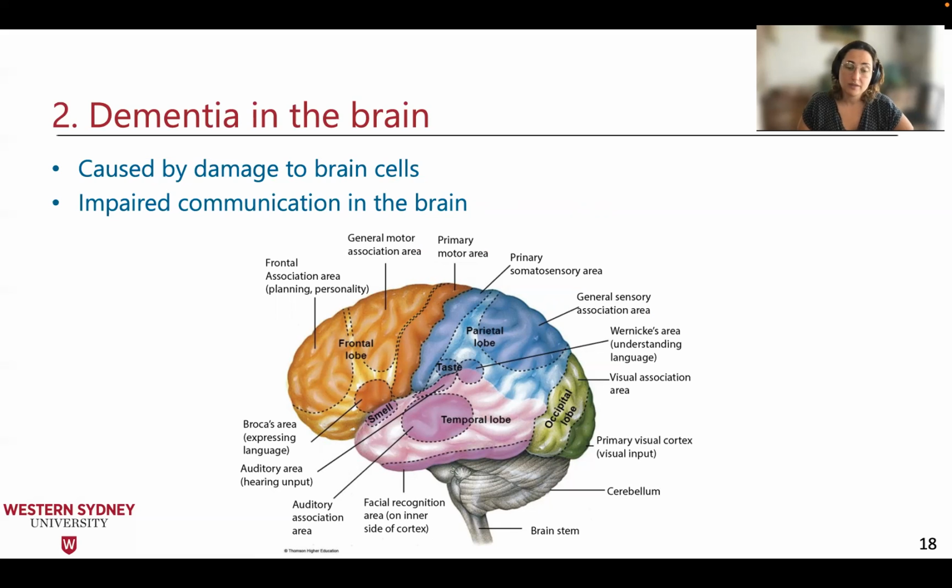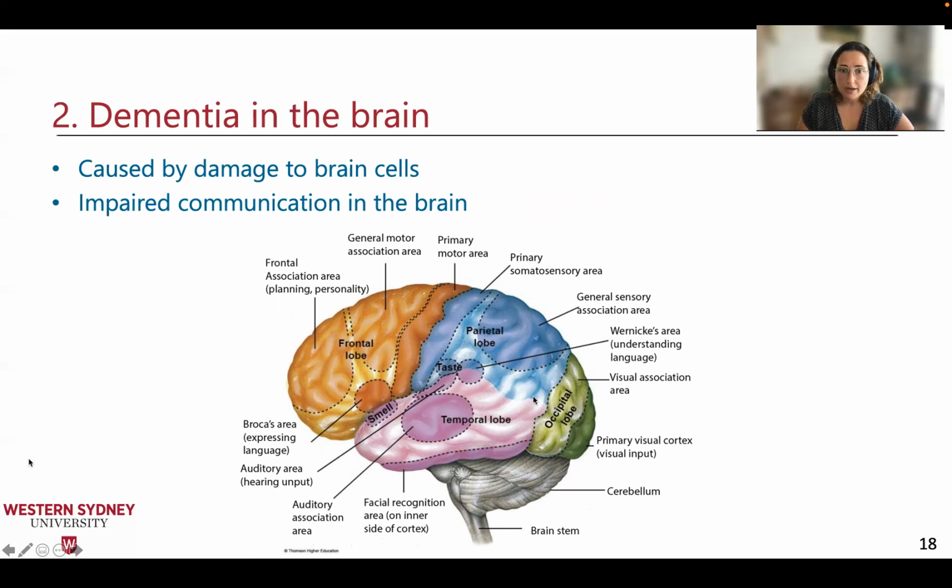There are also language areas there, especially Broca's area, which is about expressive language. We've got our temporal lobe, which is more to do with processing language and auditory areas, such as your hearing input, facial recognition, and auditory association areas.